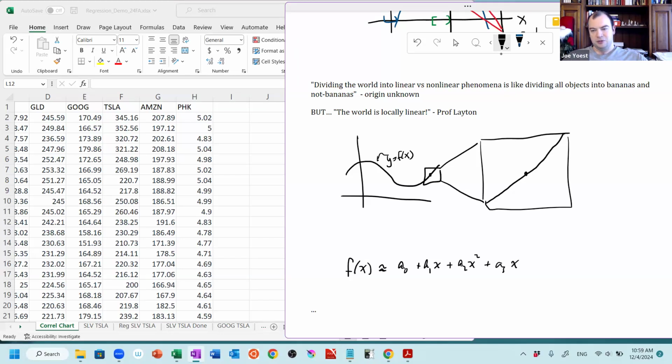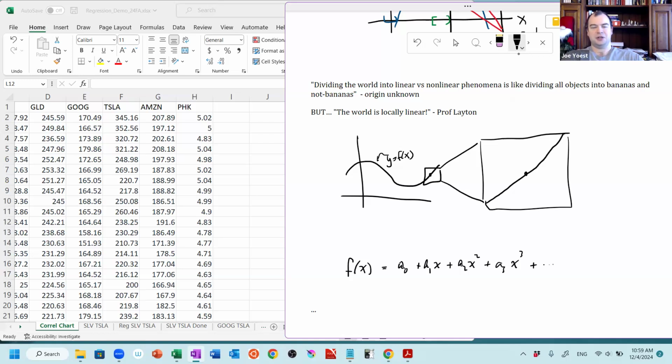I could add a cubic term. Now it can curve in some different ways, right? Quadratics only have one local max or min, but cubics can have two. And in fact, if I do this for an infinite number of polynomial terms, a quartic term, a quintic term, a sixth power term, and so on, for reasonable assumptions on my f, I can actually say that f is equal to some infinitely long polynomial.